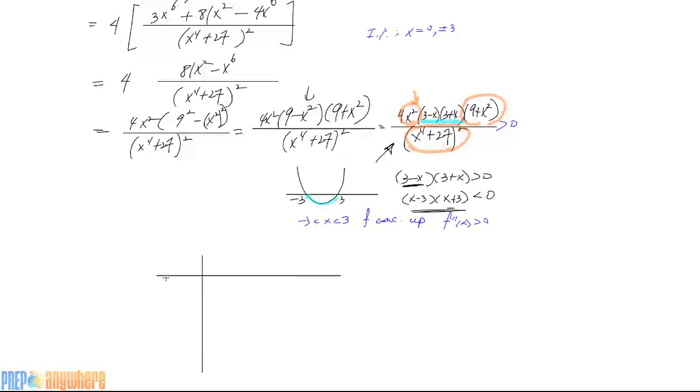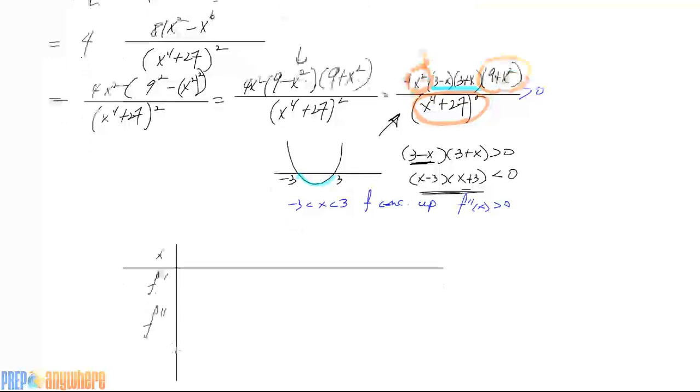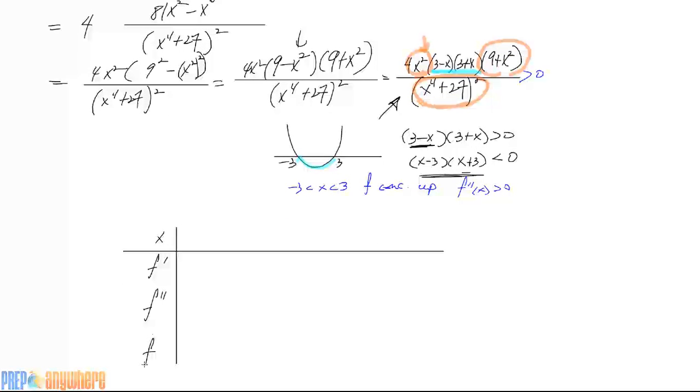The box involves x, the first derivative, the second derivative information, and the function information. Now I'm only going to draw from 0. Remember, because it's an even function, from 0 all the way down. Normally you have to draw the entire interval, but because it's even, only from 0.